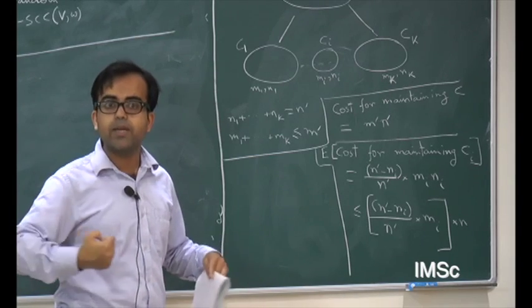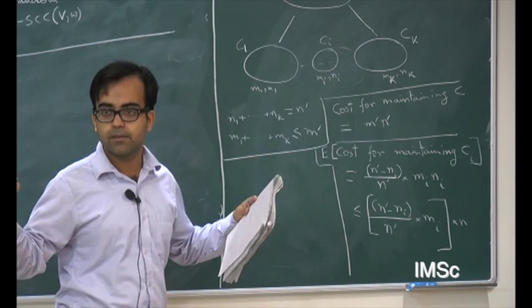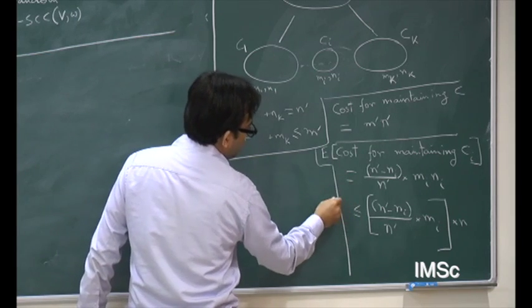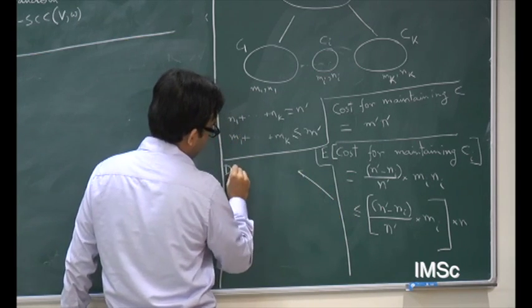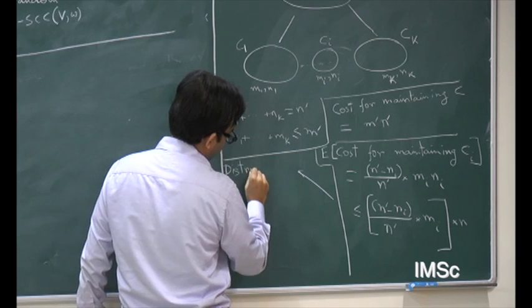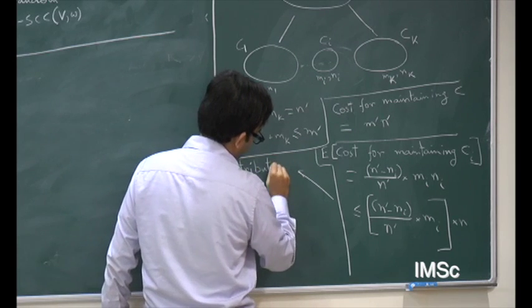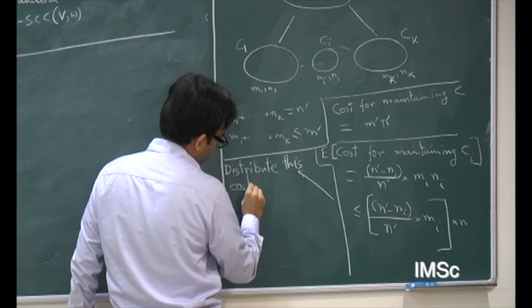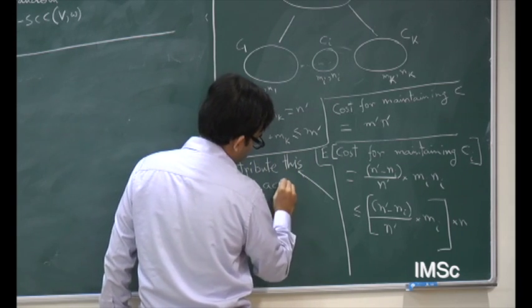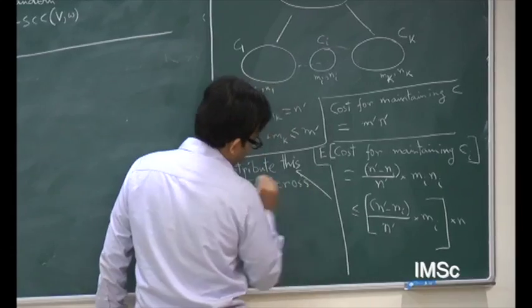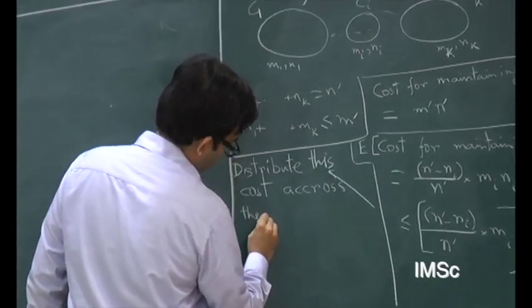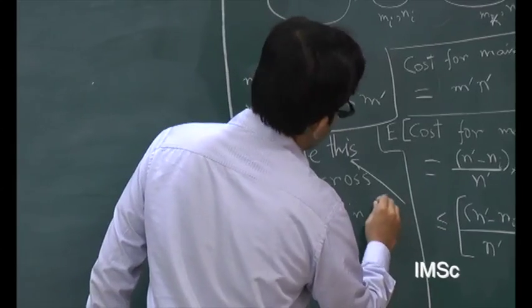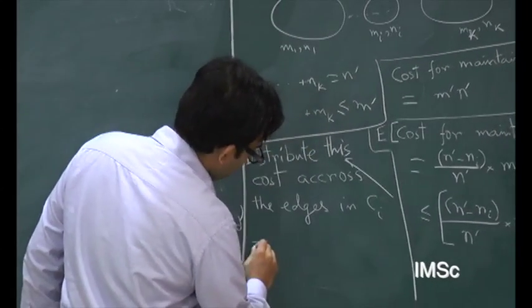Ideally, we would like to argue that it is not more than n. Okay. So, distribute this cost across the edges in Ci. What does this mean?